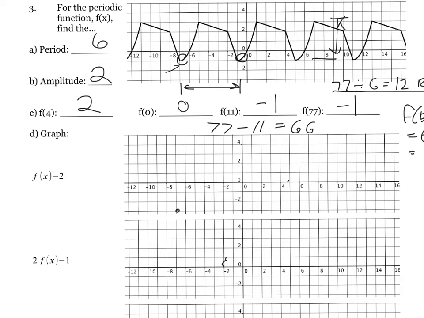So this first one that I circled up here, I'm just drawing it down here. This point here on this graph would be here, but I'm going to draw it 2 units lower. This next point up here is at y equals 3, but I'm going to draw it at y equals 1.